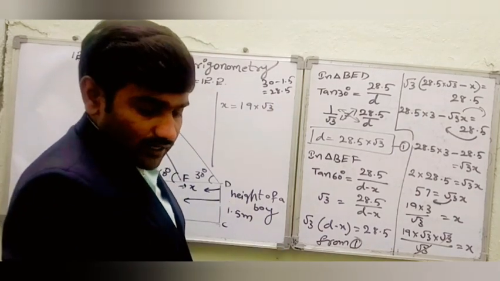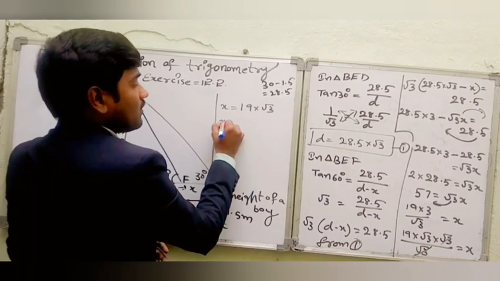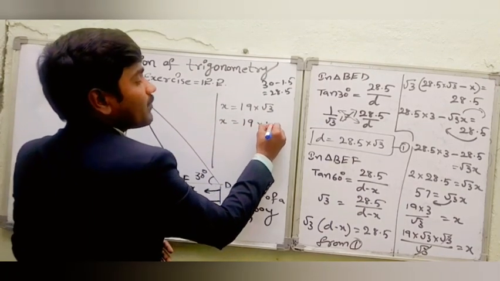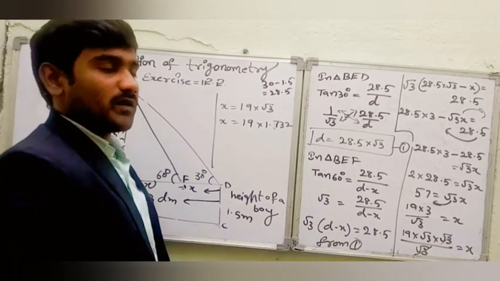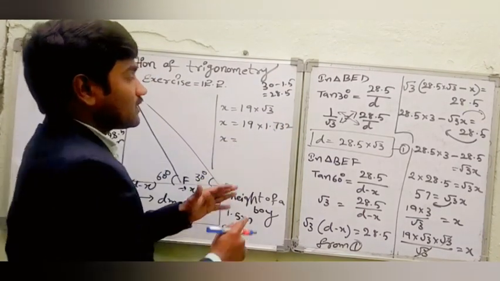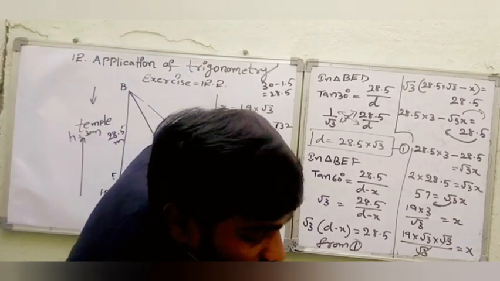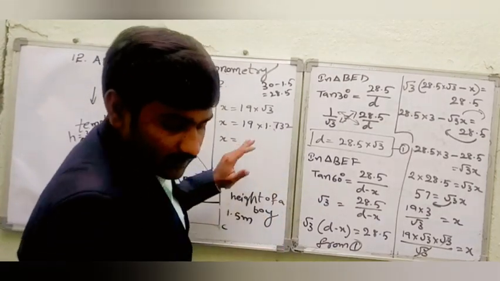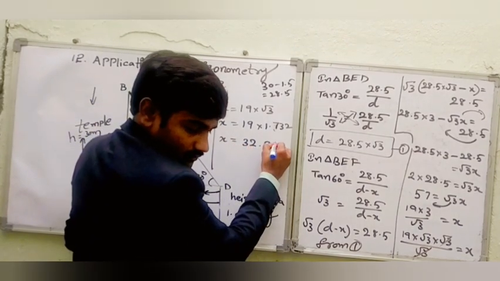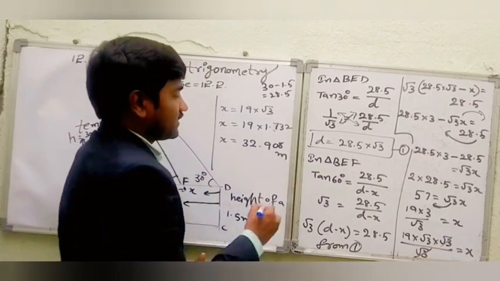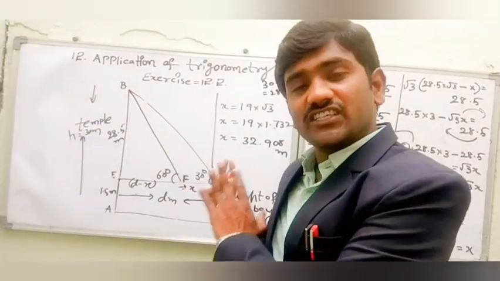Root 3 equal to 1.732. If you multiply 19 into 1.732, we get the answer directly, that is 32.908 meters. To save time, I have directly written the answer. You can multiply and check it.